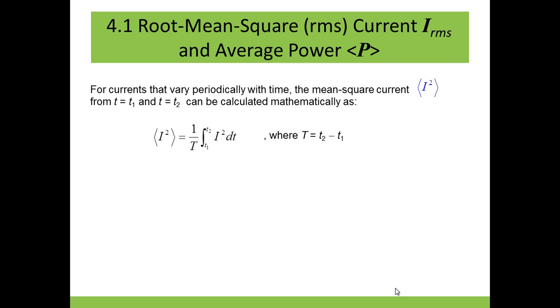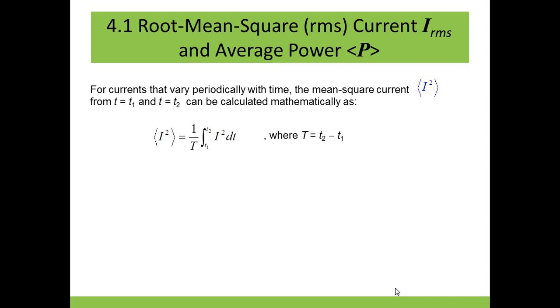So in the previous part, I've shown you why we need to use the mean square current. That is because the mean current is not useful, and in fact, most of the time it deceives people and makes them think that there's no power dissipated. However, the mean square current has units of ampere square.